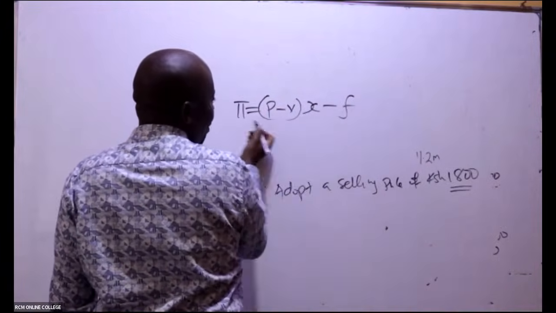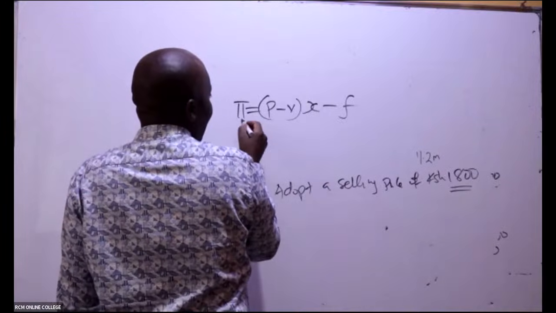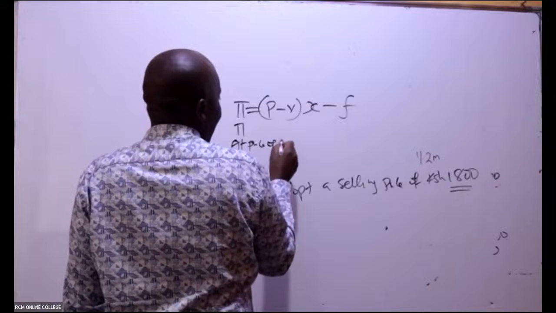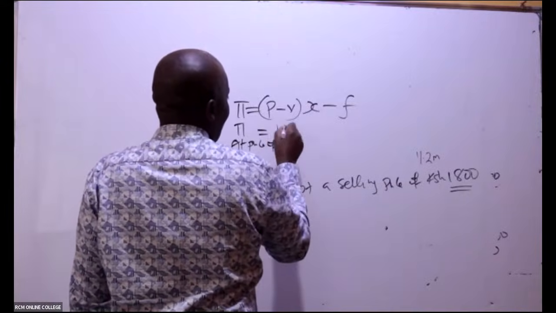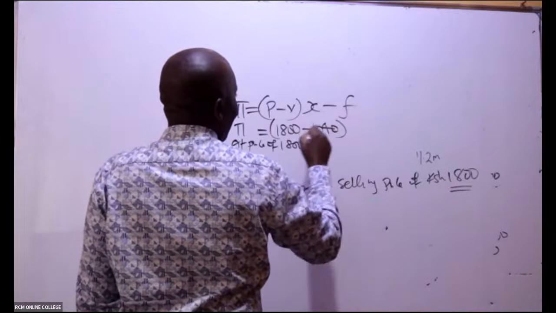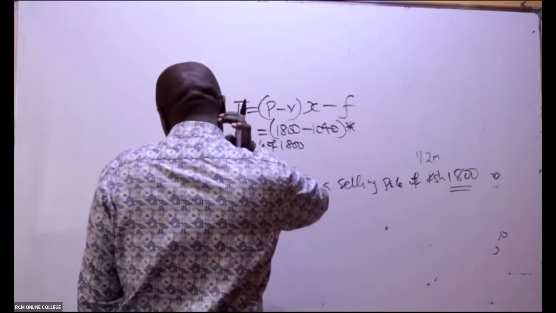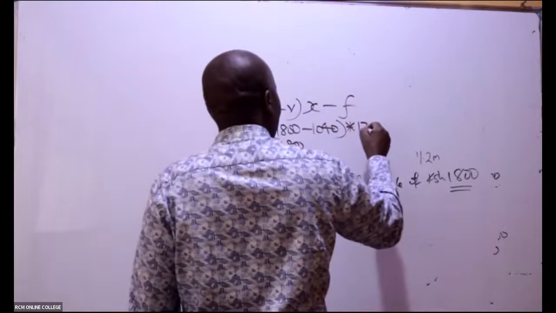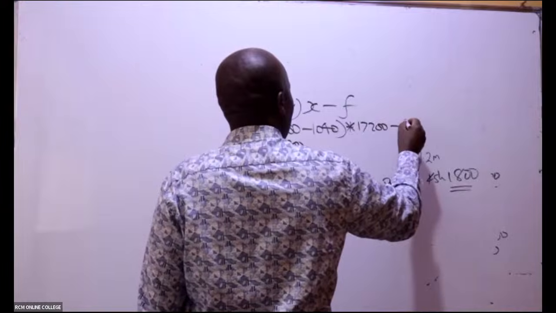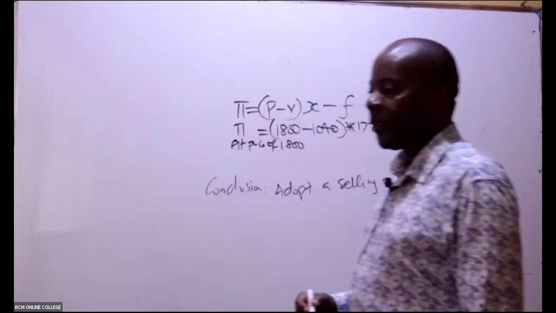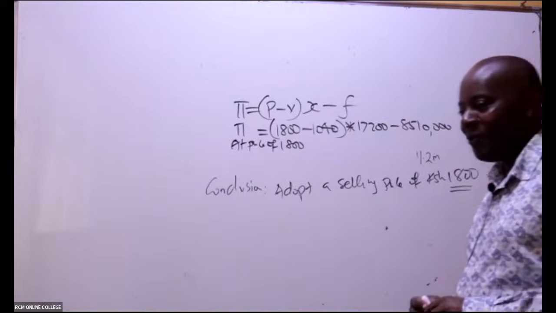You can tell us the profit at a price of 1,800, but just repeat. So this is 1,800 minus 1,040, multiplied by the quantity that we were selling, 17,200, minus the fixed cost that we got as 8,510,000. So then that profit here will end up giving us what figure?